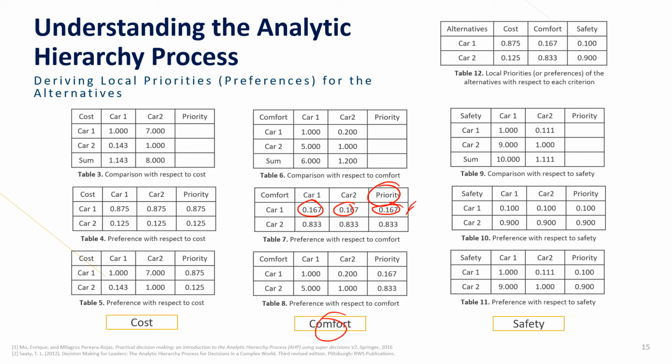The same one you need to do for safety. For example, car 2 is extremely more safe than car 1, so you put 9 here, 1 divided by 9 here, and then you do the normalization, calculate the summation here, do the normalization here, and put the average here, and you get the priority.